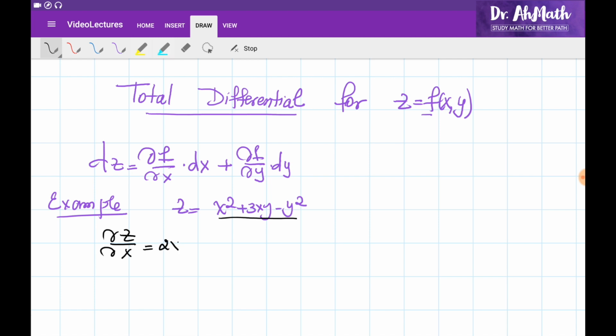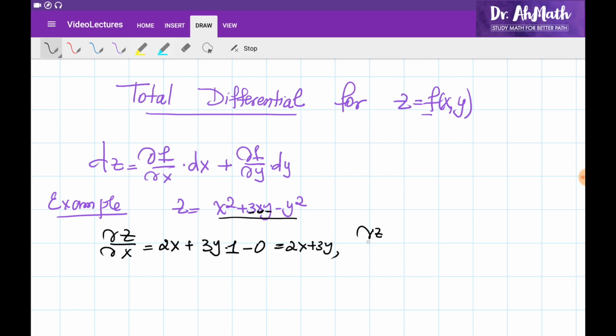So it's going to be 2x, right? Please note that y and 3 are constants. So I can take out the constants and multiply them by the derivative of the function, which is x to the 1, minus the derivative of a constant squared, which is 0. And what I will have is 2x plus 3y.